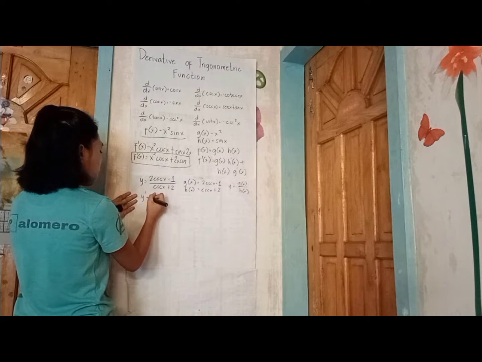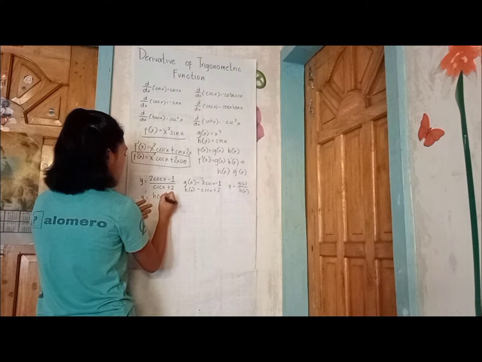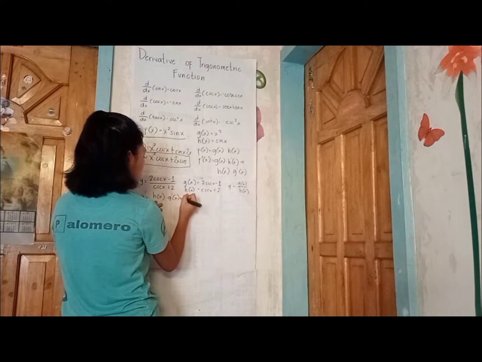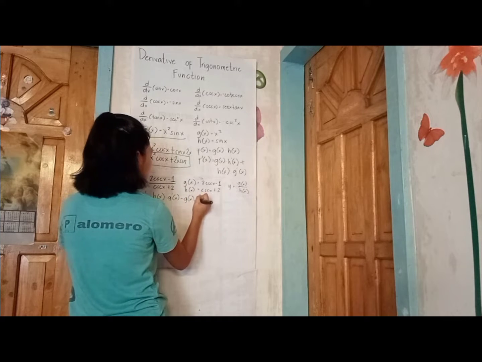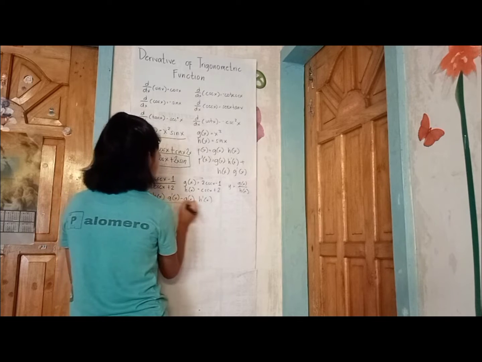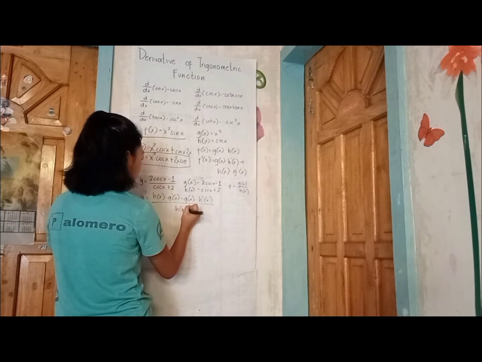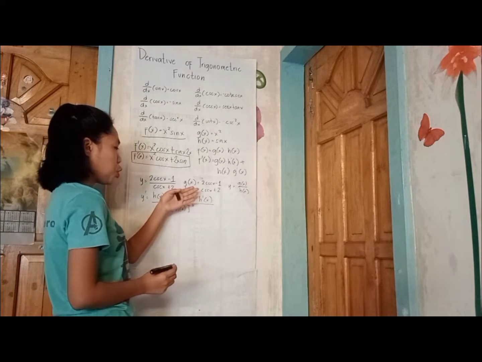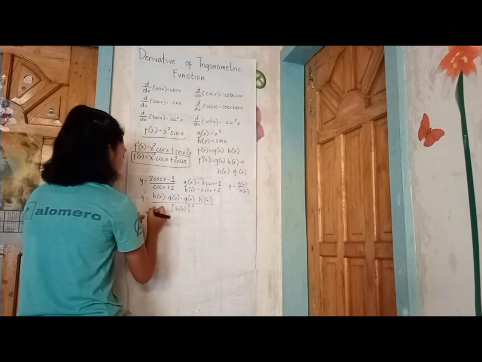Therefore, our y prime is equal to h of x multiplied by g prime of x minus g of x times h prime of x, all over h of x squared. So let's substitute this value in this equation.